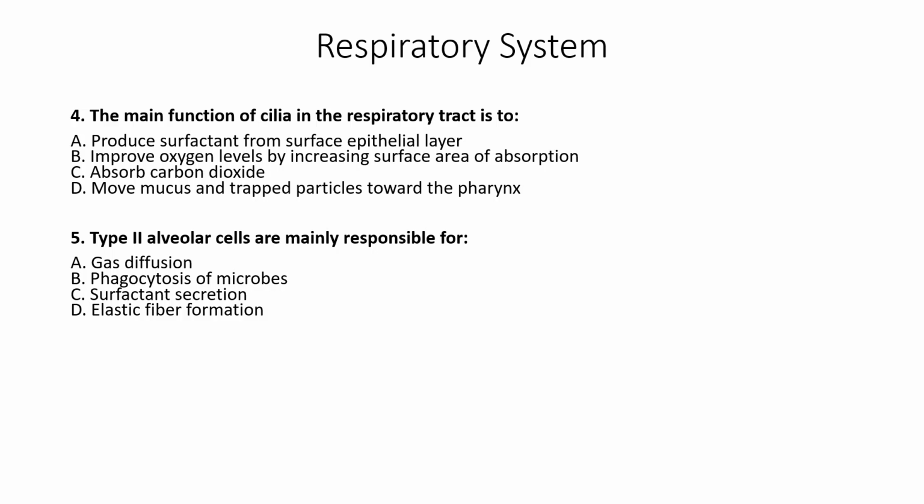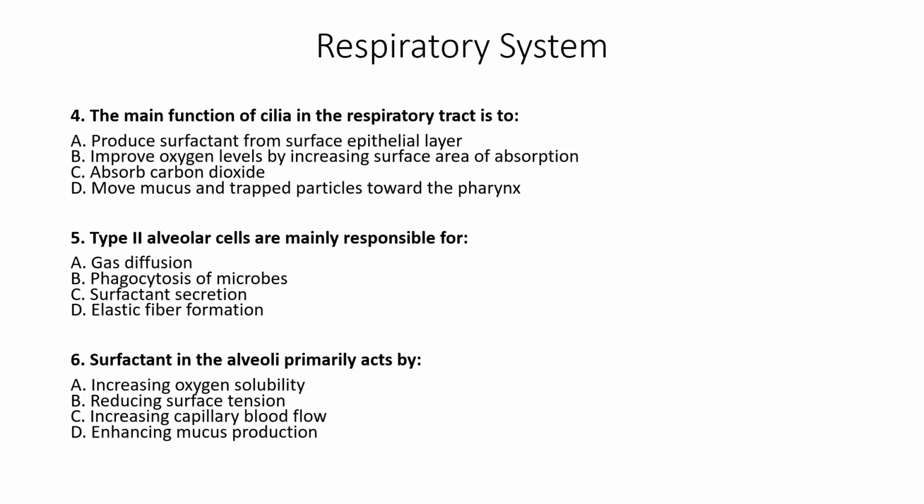So option C is the correct answer here. Surfactant is sort of like a detergent, okay? It prevents alveolar collapse. It's really important. Okay, let's go to the next one. How does surfactant in the alveoli actually work? This is relating to that.